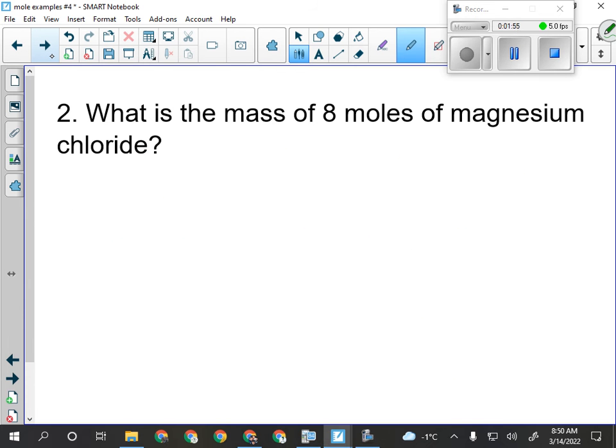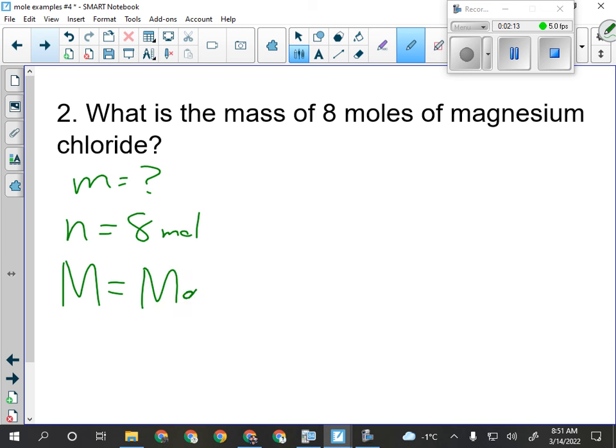Okay. And for the second one, we are looking for the mass. So looking for little m. They tell us what N is. There are 8 moles. Okay, and they tell us it's magnesium chloride. Now here's the mistake people make with this one. This should be a really easy one, but people do this and forget to do what? They forget to drop and swap, then they don't get the molar mass right, and they don't get anything else right either.